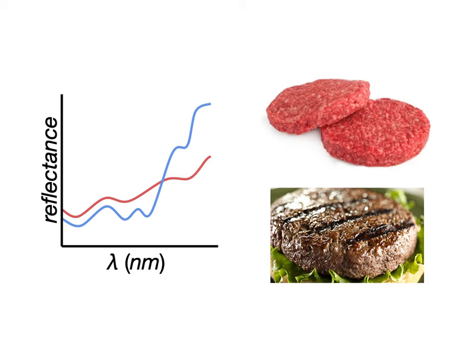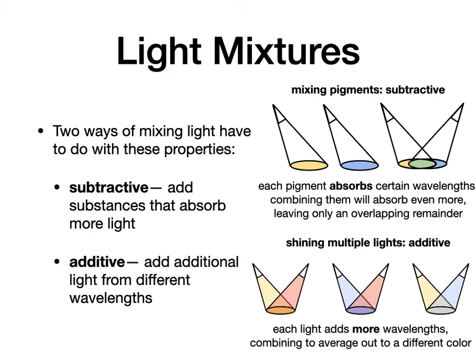Now, let's talk about light mixture. There are two ways of mixing light. Now, this is some physics 001 stuff, but two ways. If you remember in grade school, you might have mixed paints together. That's subtractive. So you add substances that will absorb more wavelengths of light.